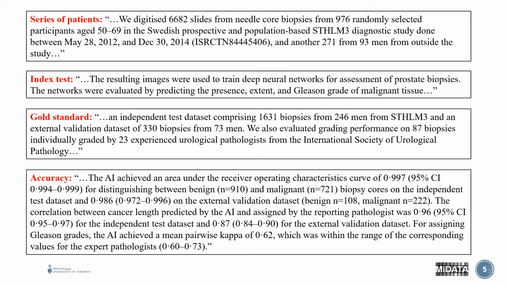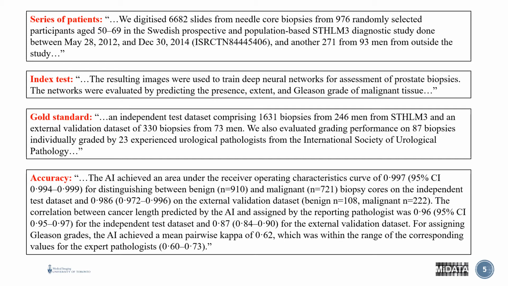And the goal of the exercise is to find the threshold that maximizes both the sensitivity and the specificity of your test. And your area under the curve represents both sensitivity and specificity together.